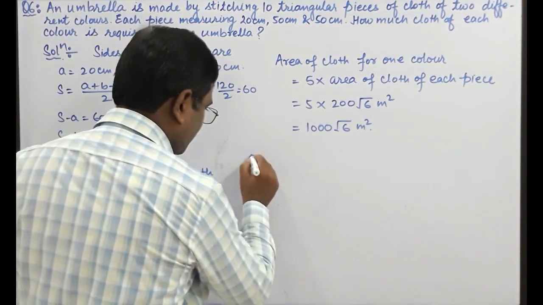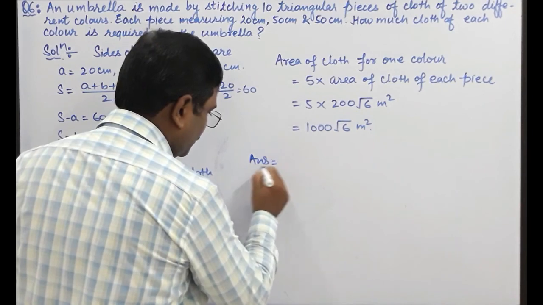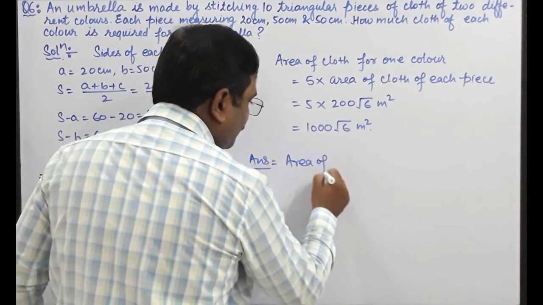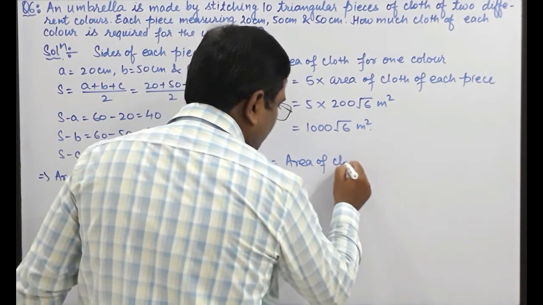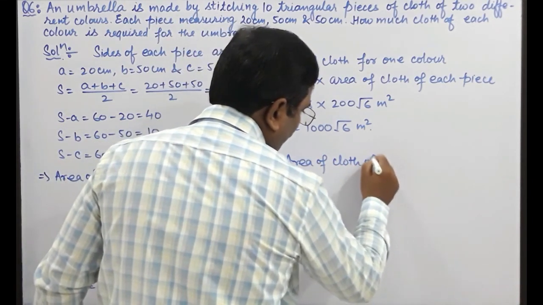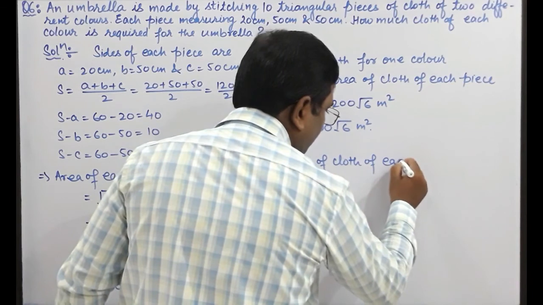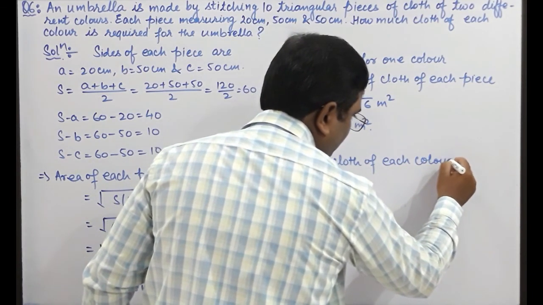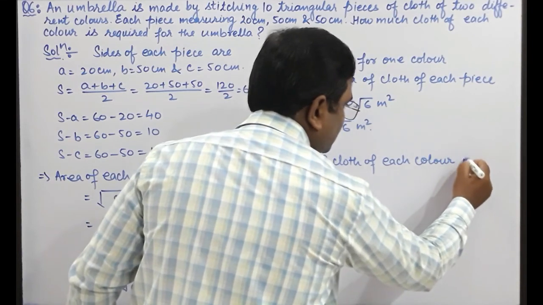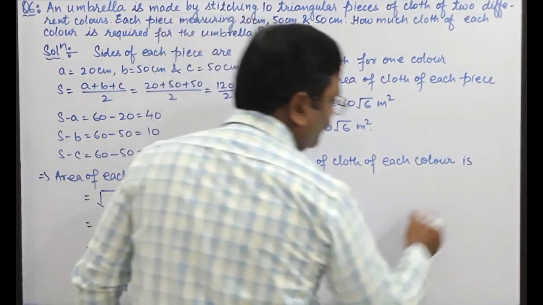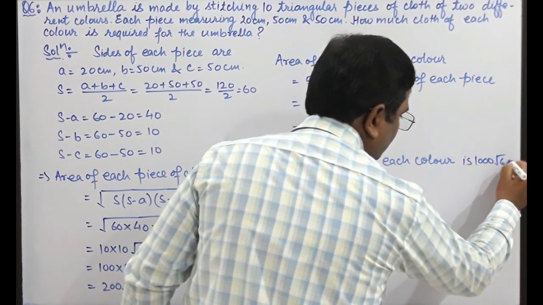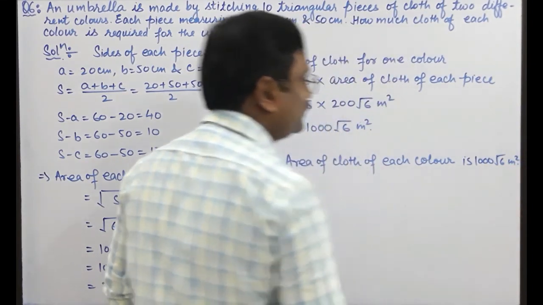Therefore the answer of this question: area of cloth of each color is 1000 under root 6 meter square.